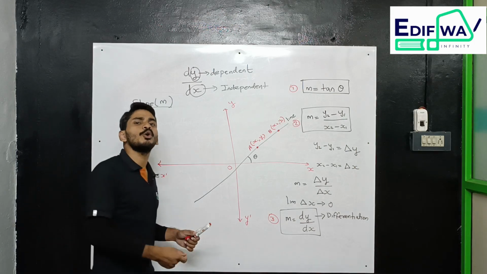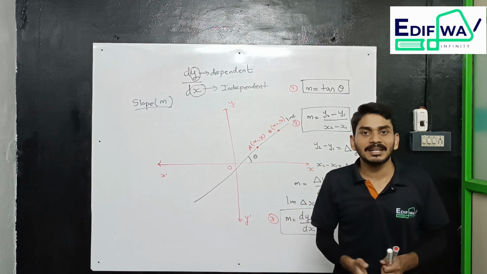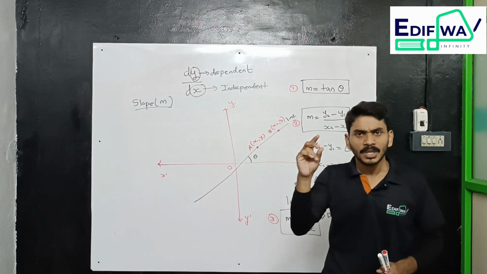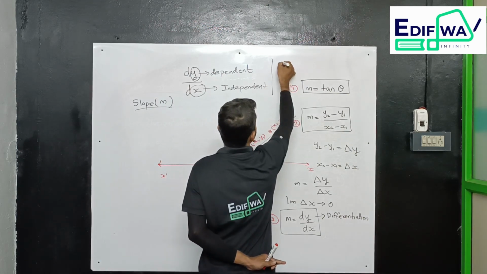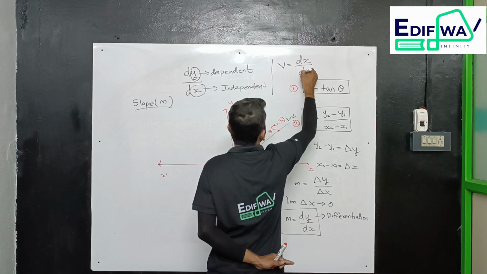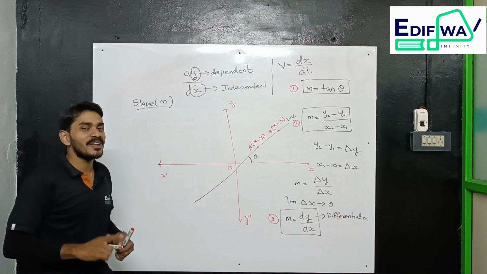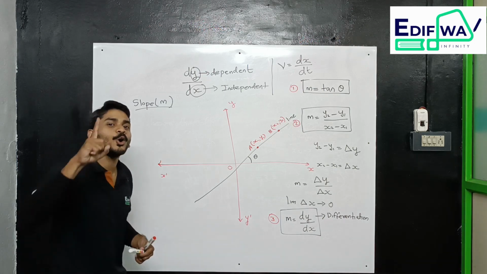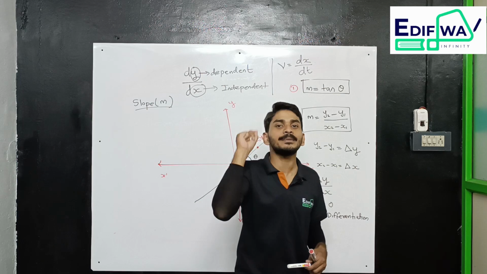We have already discussed instantaneous velocity, instantaneous acceleration and all. Do you remember them? Your instantaneous velocity was dx by dt. I have already told you I will be teaching you all those maths concepts so that it becomes very simple for you.